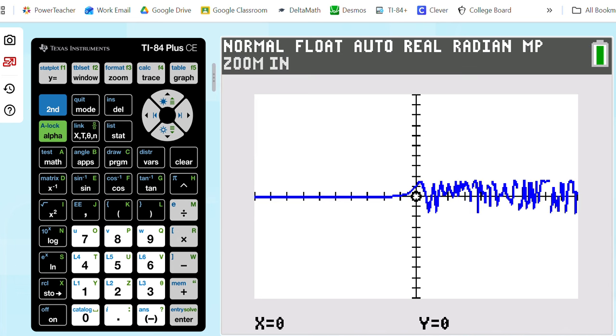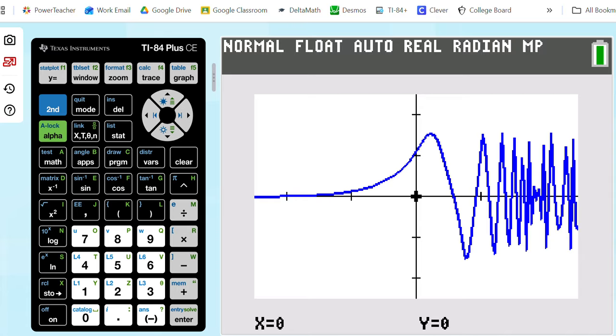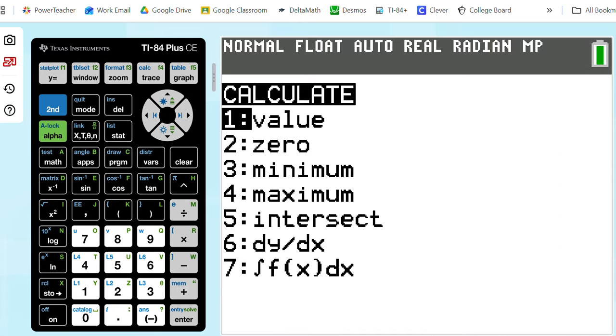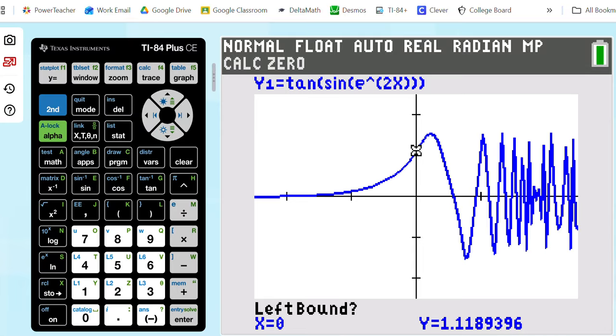I'm going to zoom in a little bit around 0, 0. The first time it's at the origin is the first time after x equals 0 where it equals 0. So we'll do second trace, zero, and we'll come over here.